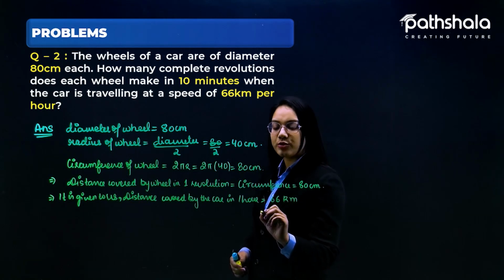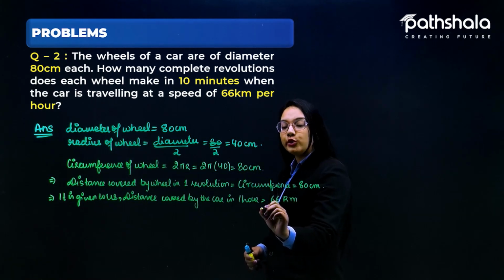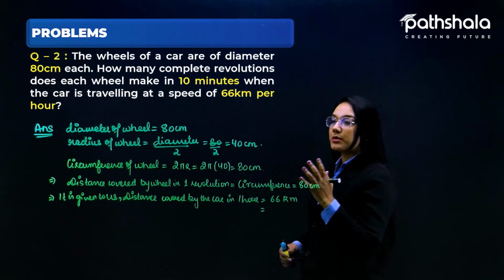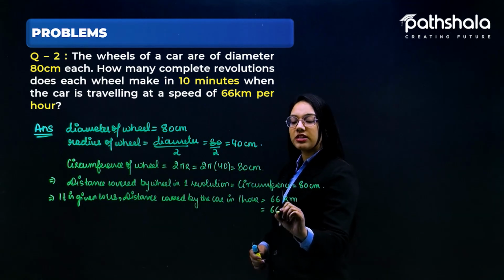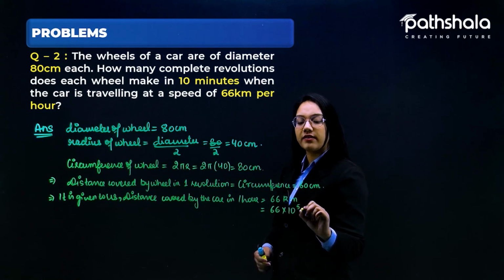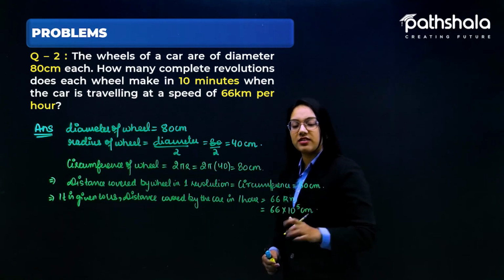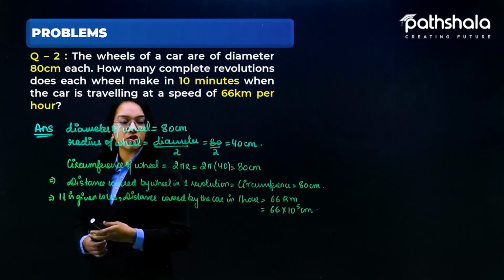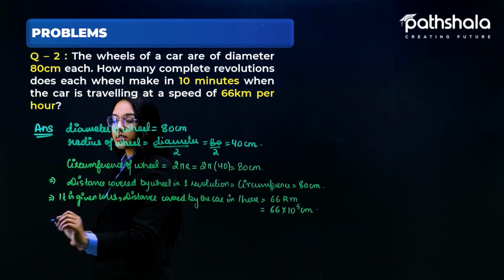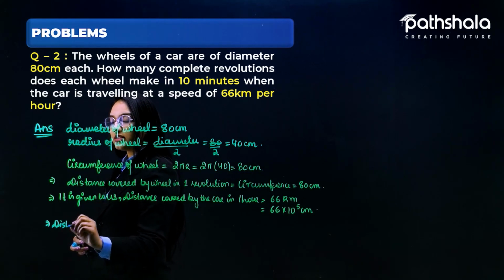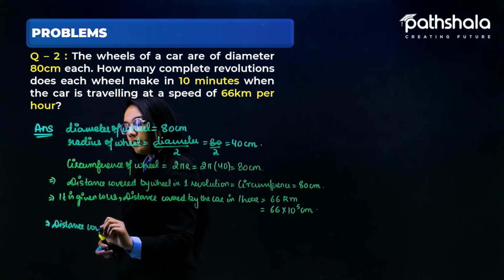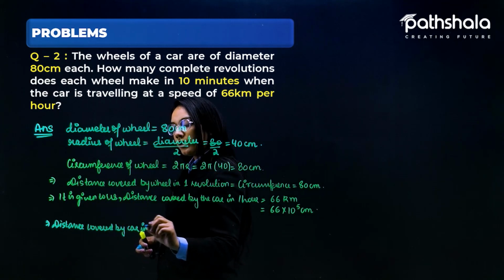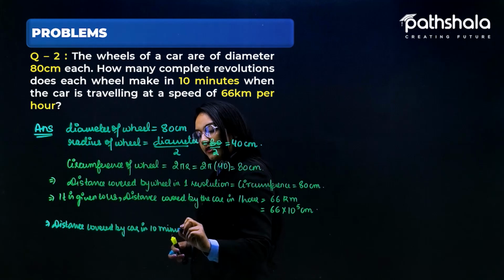Now let us convert these kilometers into centimeters, because the only unit given to us is centimeter. So this would be 66 into 10 raised to the power 5 centimeters. Now let's talk about the distance covered by the car in 10 minutes.